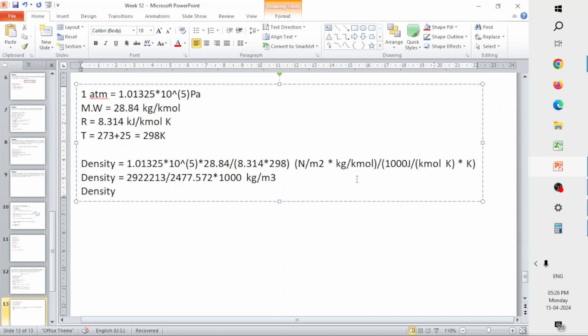So it is very important that as you work with the numerical side by side, it is also better for you to work with the units, because otherwise, since here it is in kilojoule per kilomole Kelvin, you have to have a 1000 factor extra in your term. Otherwise your density will be in terms of 1000 something.